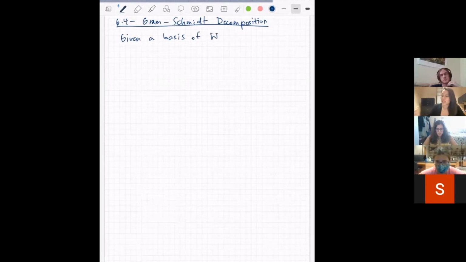You can find an orthogonal basis from that. So Gram-Schmidt is just the process that we use to find an orthogonal basis from any basis.